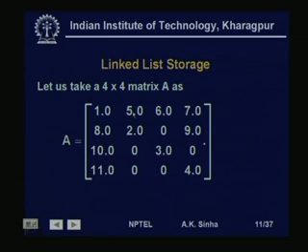The off diagonal elements are 5, 6, 7, that is A12 is 5, A13 is 6, A14 is 7, A21 is 8, A23 is 0, A24 is 9, A31 is 10, A32 is 0, A33 is 3, A34 is 0, and similarly A41 is 11, A42 is 0, A43 is 0 and A44 is 4.